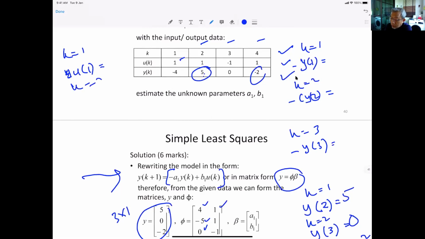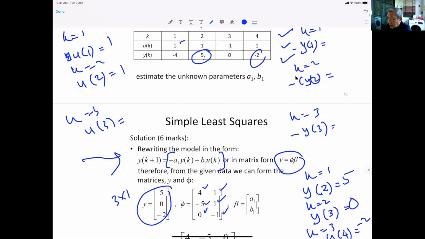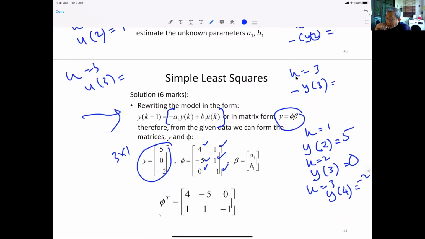K equal to 2, u2, 1. K equal to 3, u3, minus 1. So we construct the theta matrix, and then beta, leave it as a1 and b1.